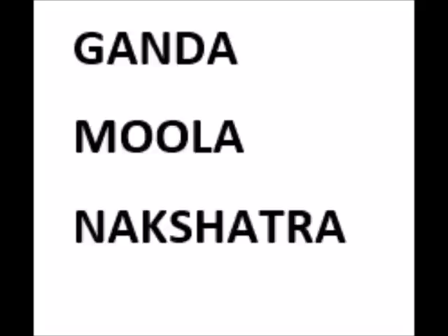And like I said, not all the 4 parts or padas would be considered inauspicious. So we have to be very careful. Do not generalize it. Do not say that a child born in Ganda Moola nakshatras, which are these 6 nakshatras out of the 27, will have inauspicious results as a general rule.